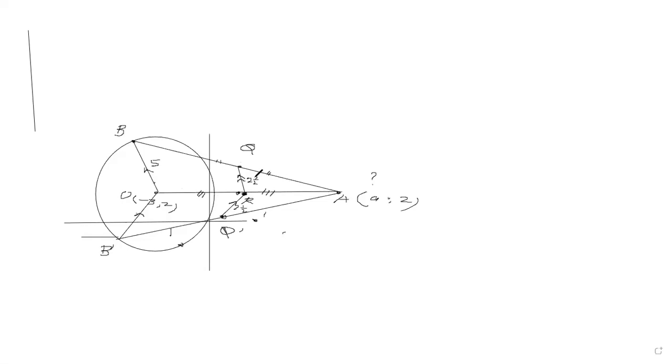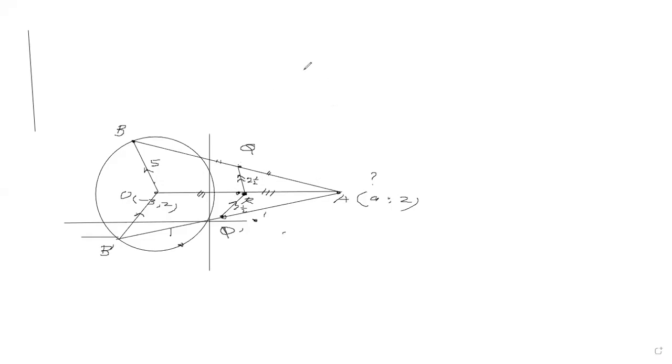Which proves the claim that these people made that Q and Q prime lie on a circle, because its distance from R will always be 2.5. So the center of that circle which Q lies on is R. So I've just proved that R is the center of the circle which Q lies on. What is R? R is along AO.